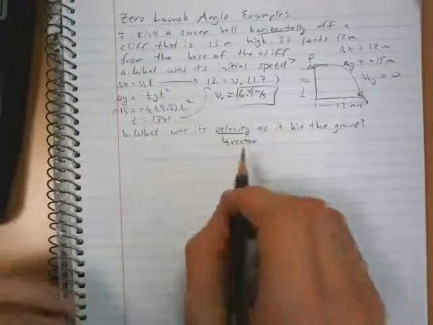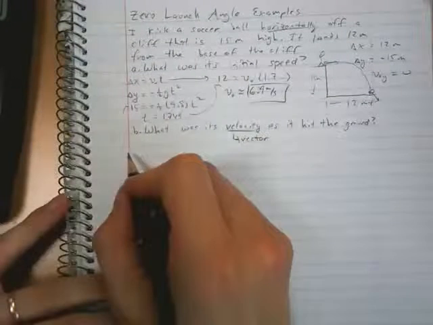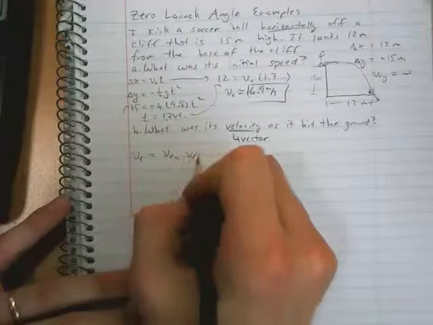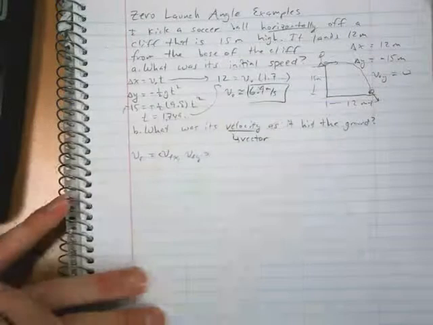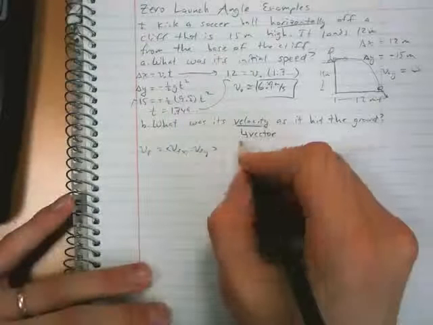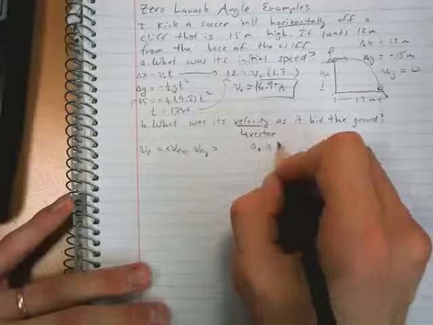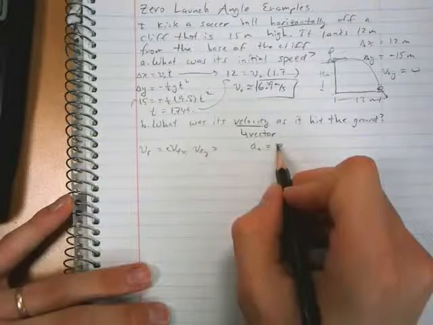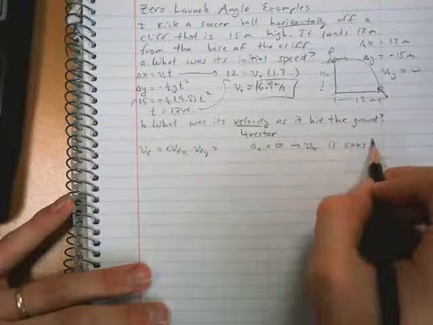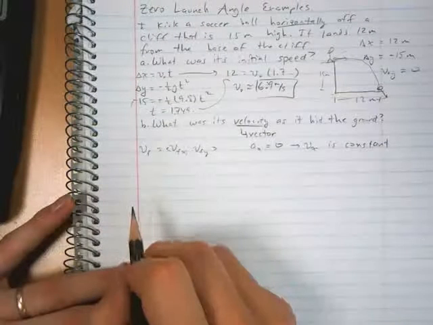So we want to find v final. Okay, well, what do we know? We know in the x direction, the acceleration is 0, which means that the x component of our velocity is constant.